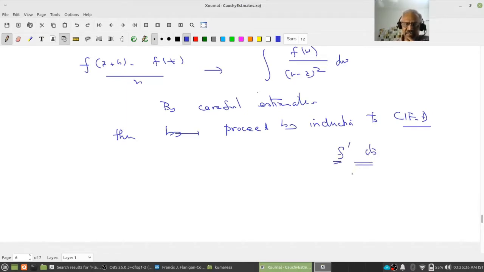But in our approach, just because it's a Cauchy type integral, we already know it's analytic. That means it's infinitely differentiable, therefore f dash will automatically be continuous. So our proof is perhaps conceptually easier and simpler. It tells you why things work the way they do. Please take some time, review.